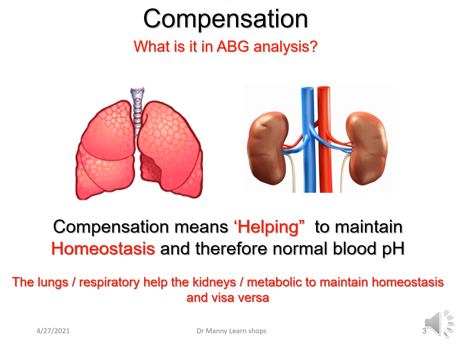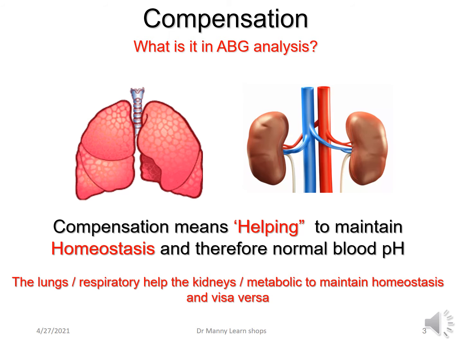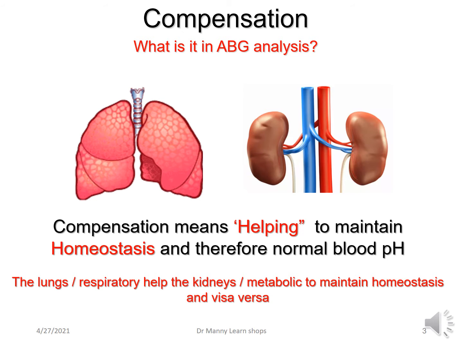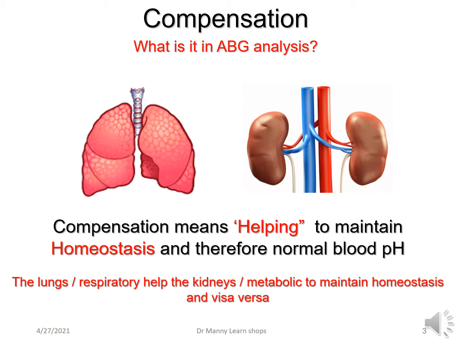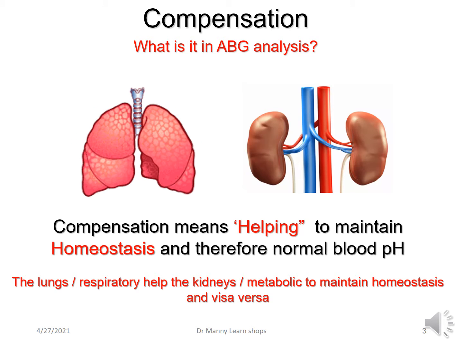The lungs, or the respiratory system, help the kidneys, which is the metabolic system, to maintain homeostasis, and vice versa. They both help each other. The lungs help the rest of the body, and the rest of the body, or essentially the kidneys, help the lungs. That's compensation.